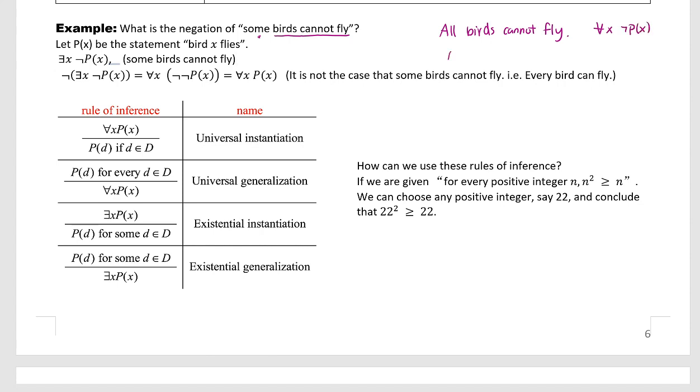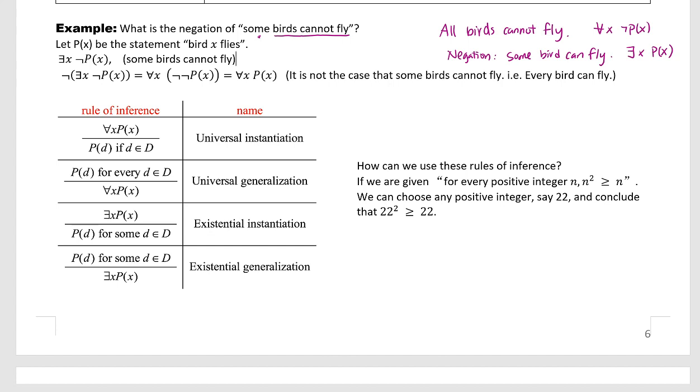The negation will be some birds can fly. So the negation of for all becomes there exists, and the not cancels. So we have there exists x, P of x. So far so good, everybody?